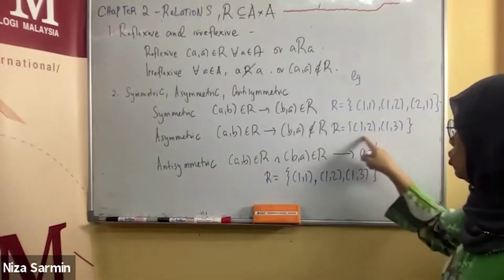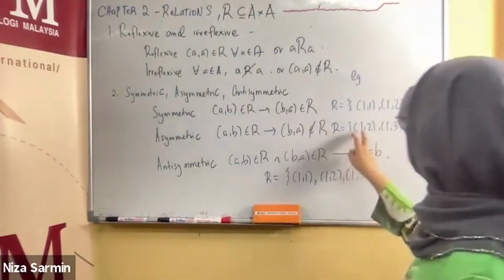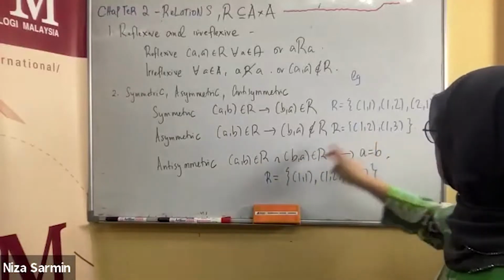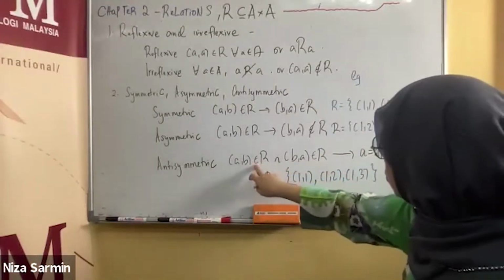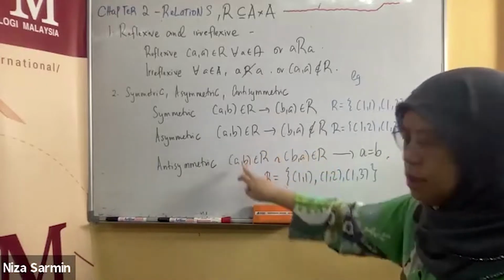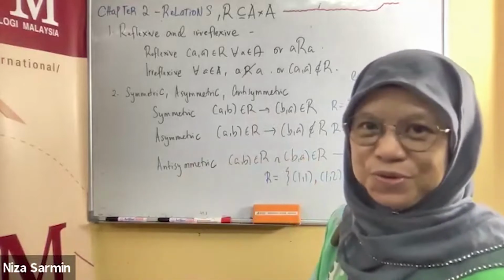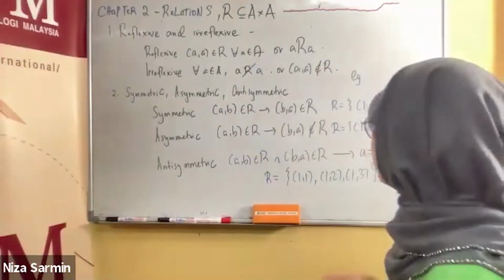This is also antisymmetric. Okay, this is a little bit tricky because you have 1, 2, and you don't have this. So this is false. True and false is false. False implies anything is true, right? The implication. You remember the table?